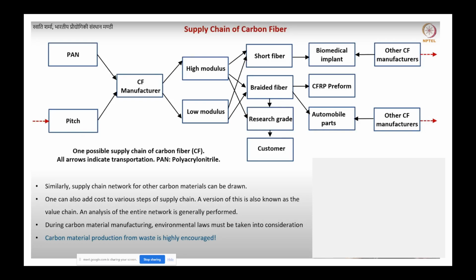Depending on short fiber or braided, it has different applications, such as biomedical implants, CFRP performance or preforms, or automobile parts. So these are some supply chains where there are manufacturers and different distributors, and that will go for different kinds of applications.